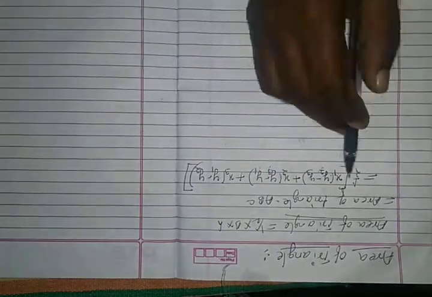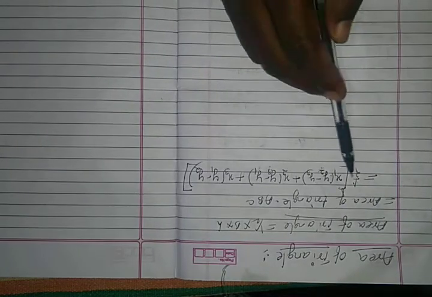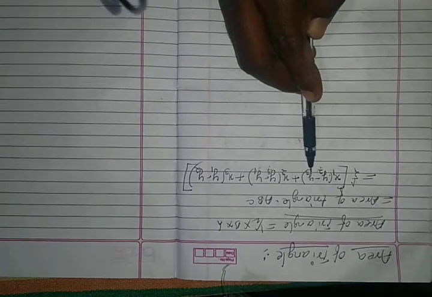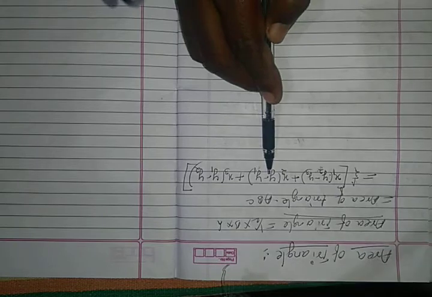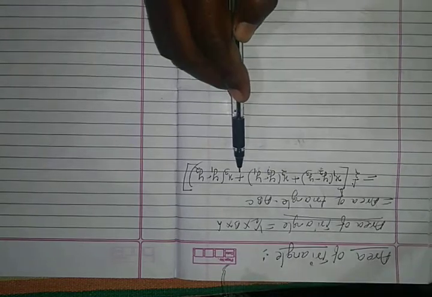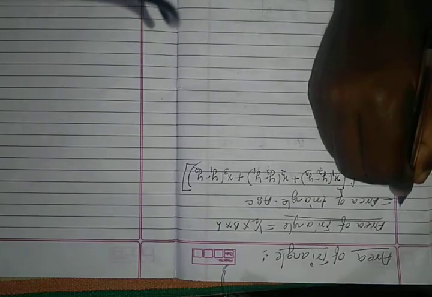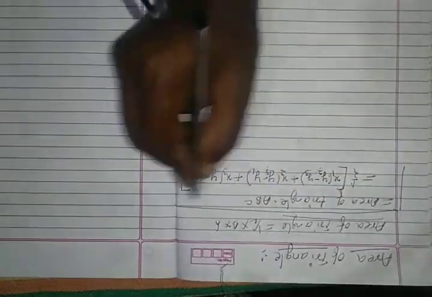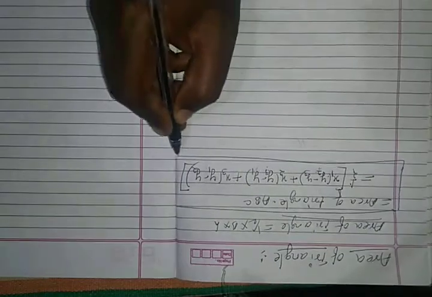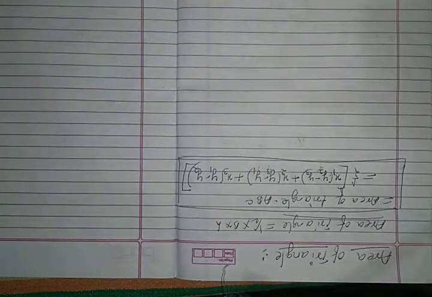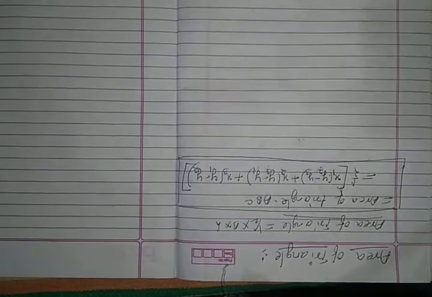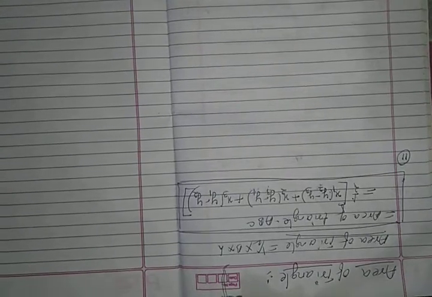So this is the formula for area of a triangle. Once again, half of x1 of y2 minus y3 plus x2 of y3 minus y1 plus x3 of y1 minus y2. By using this formula we have to find out the area of a triangle in coordinate geometry.